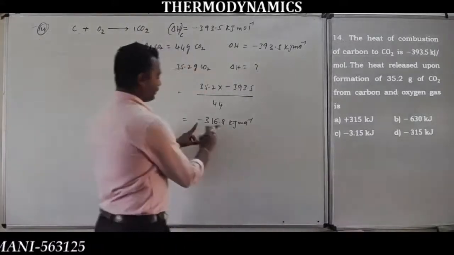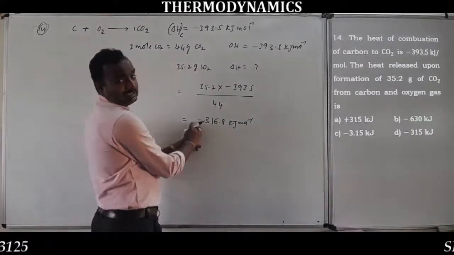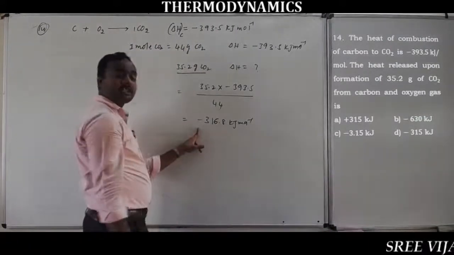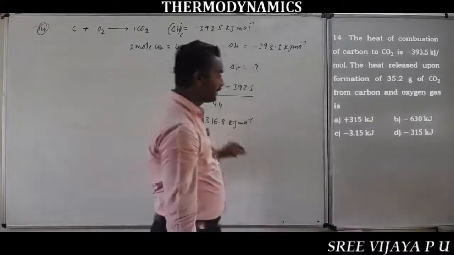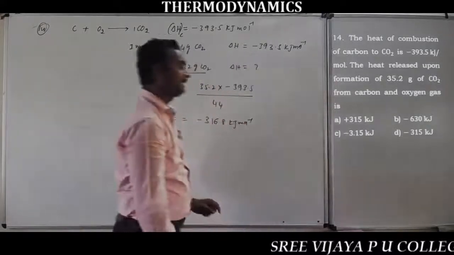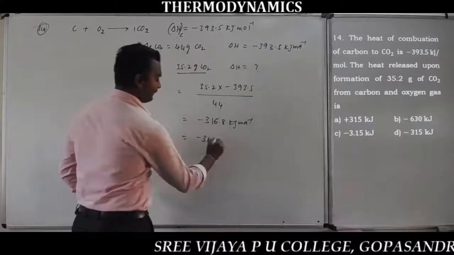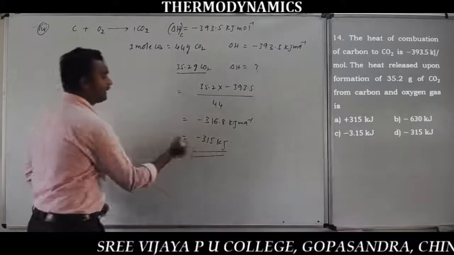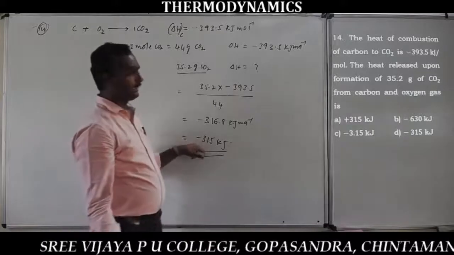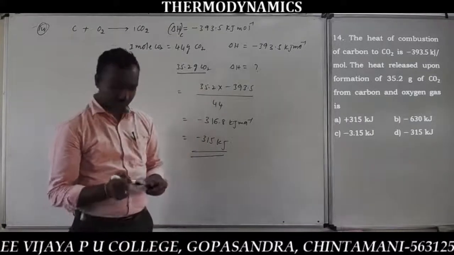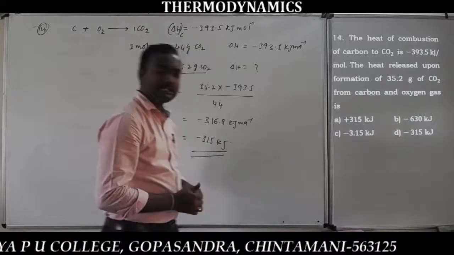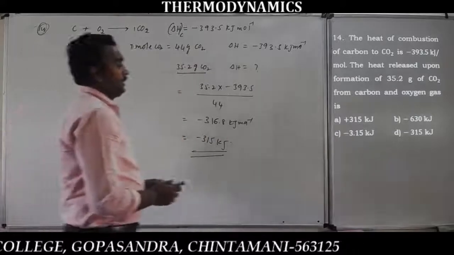So a minus 316 value should come, heat is liberated for the formation of 35.2 gram of carbon dioxide. 316 is approximately, that is option D, approximately 315 kilojoule. So that is the amount of heat liberated during the formation of 35.2 gram of carbon dioxide. That is, option D is the correct answer. So, next question.